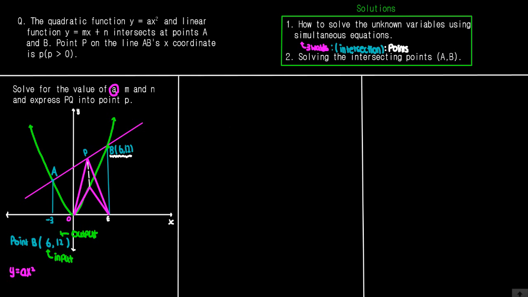First of all, it defines the type of our graph and our vertex. The first case is when our a value, our leading coefficient, is greater than 0, which means it is positive, and the graph of our quadratic function will open upward.